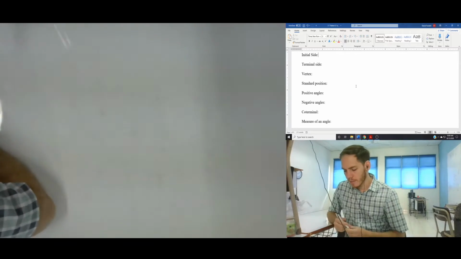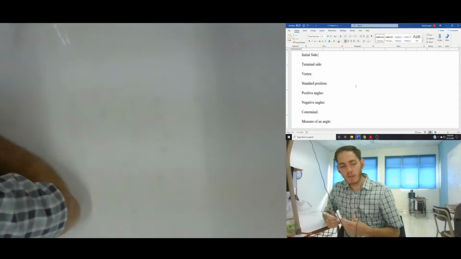Now, we're going to talk about the measure of an angle, and this is basically the amount of rotation. We have a lot of key terms we're going to be dealing with. We should know what angles are.